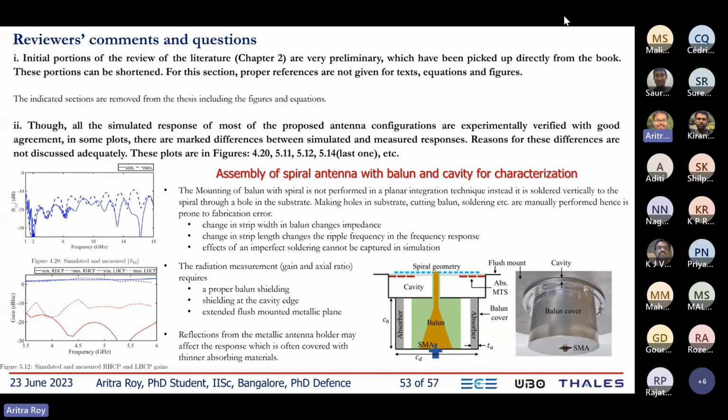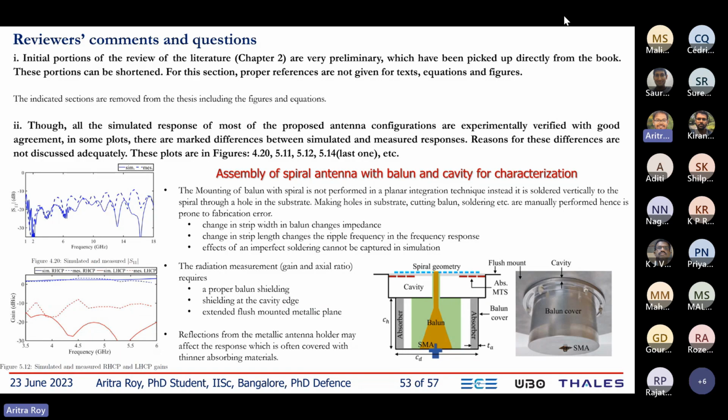Later, what we understood is that it is important to cover the balun with a metallic casing. It is important to put an absorber inside that metallic casing. It is very important to give a cover to the cavity, to give a flush mounting arrangement. So in those experiments where we were not able to do all this, we had some discrepancies.